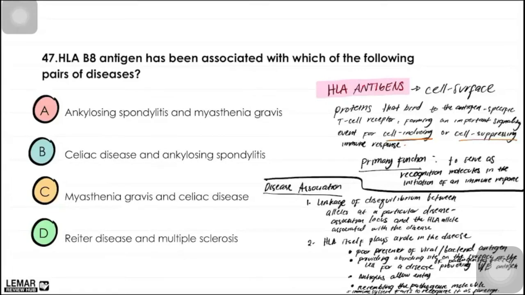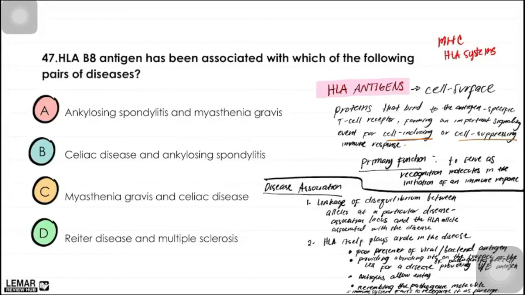So, let's discuss first the HLA antigens. HLA antigens are products of the human major histocompatibility complex or MHC. This is also called the human leukocyte antigen system. These antigens are cell surface proteins that bind to the antigen-specific T cell receptor, forming an important signaling event for cell-inducing or cell-suppressing of the immune response.